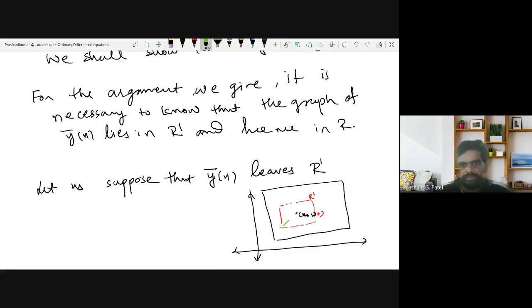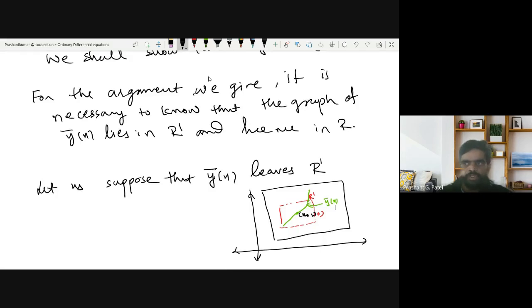That means there is some function which is outside. So this is the point which is leaving. This is your y bar of x, which we have assumed leaves the R dash, so it is outside this R dash. Our objective is to prove that this y bar stays in R dash. It will not leave the R dash.